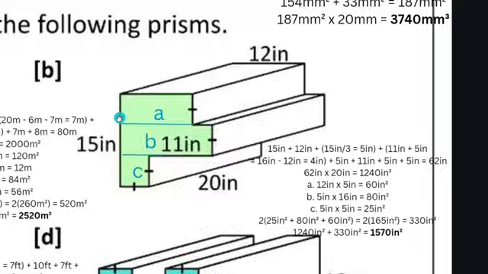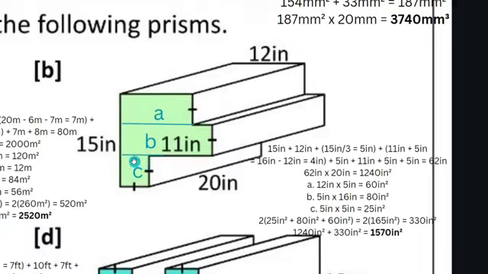Next, we have to divide the prism. This will be A, this will be B, and this will be C. To calculate A, we take 12" times 5", which equals 60" squared. Next, to calculate B, we take 5" times 16", which equals 80" squared.